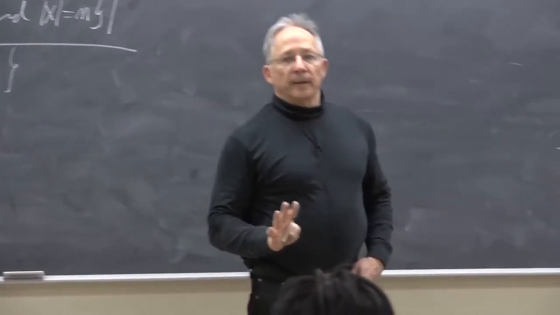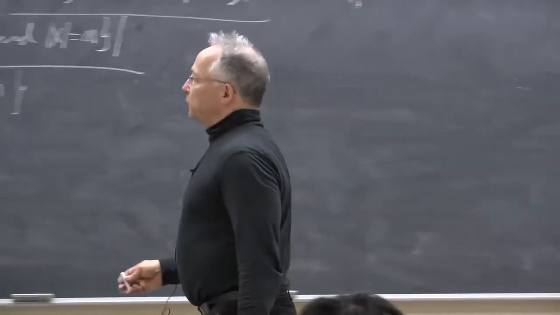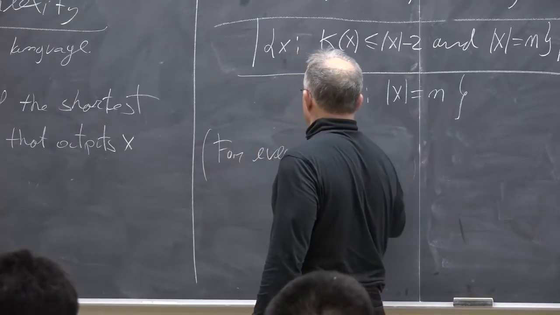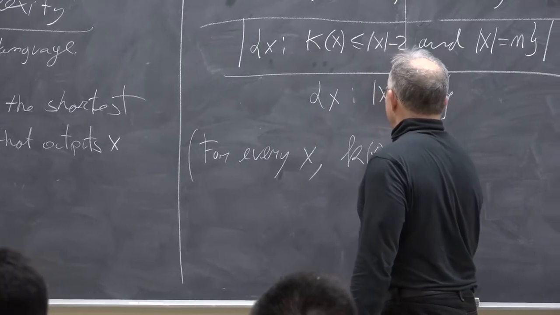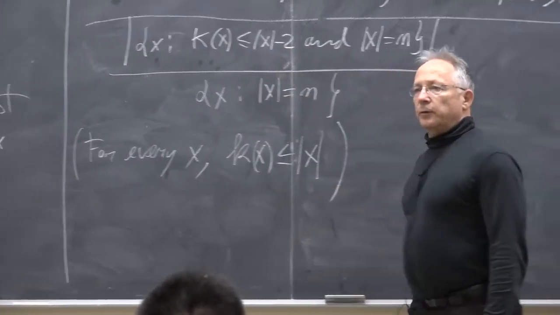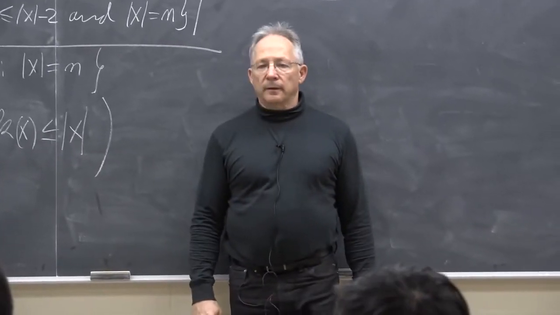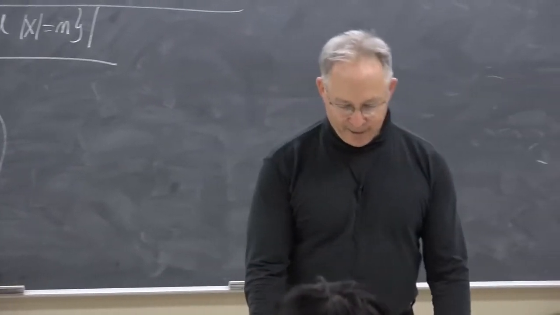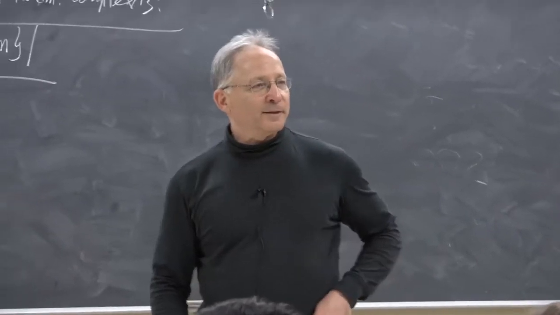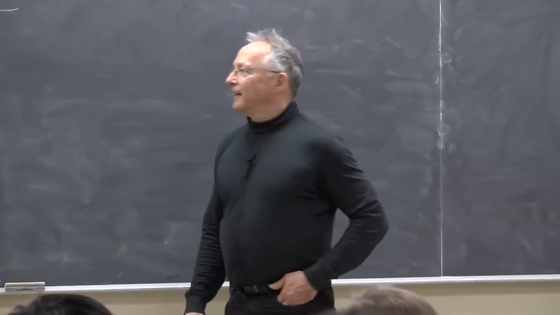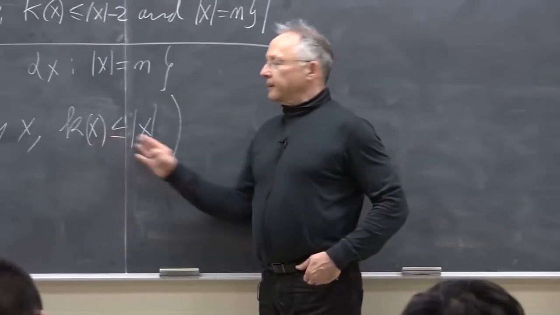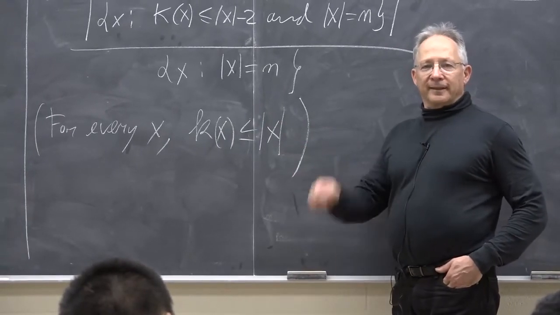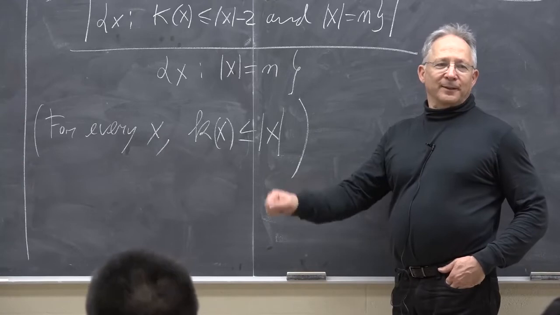Now this is something that should be obvious: for every x, K of x is at most the length of x, up to a constant. Why is that true? Hard code x into the program. So I'm saying for all x's, K of x is at most the length of x, because I can always write a program that will say print 0, 1, 0, 0, 1, 0, 0, 1, and so on.